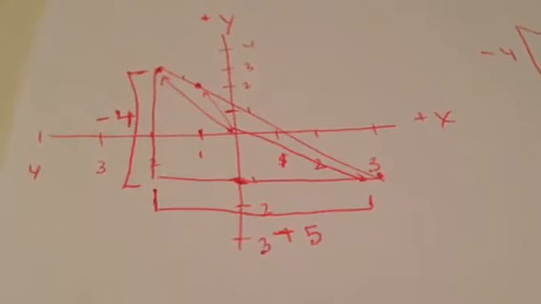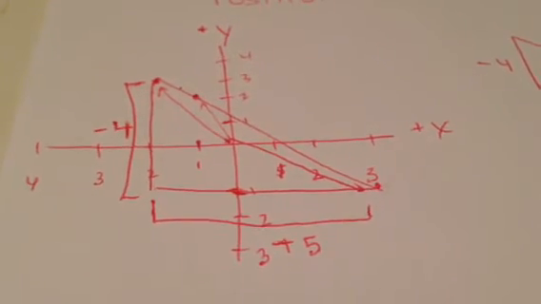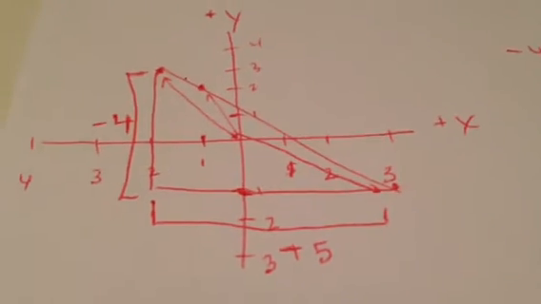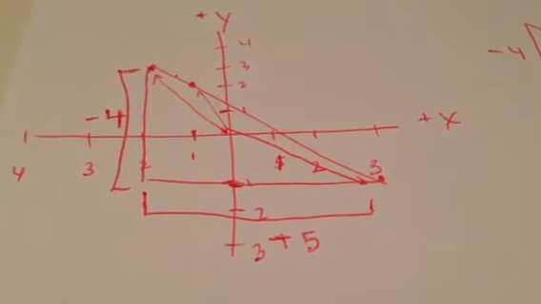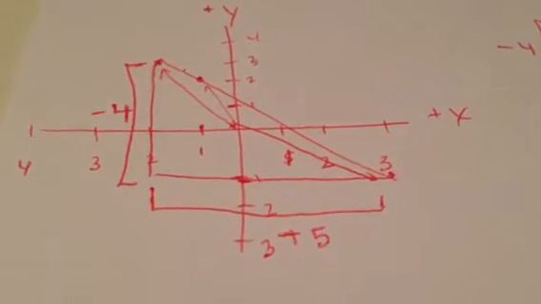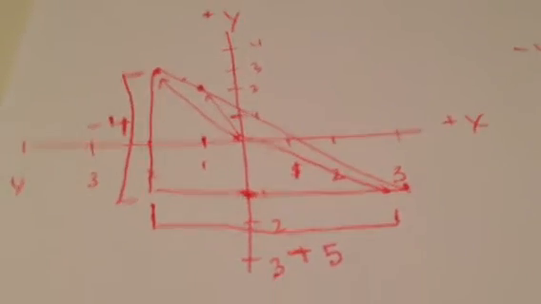So your displacement from your starting point to your ending point is -4 in the y direction, and you move +5 meters in the x direction, in the positive x hat direction.